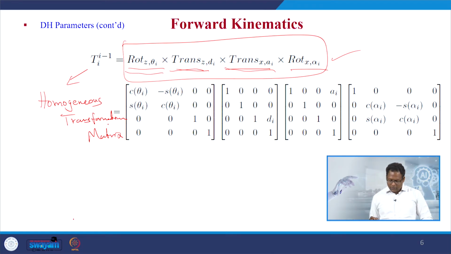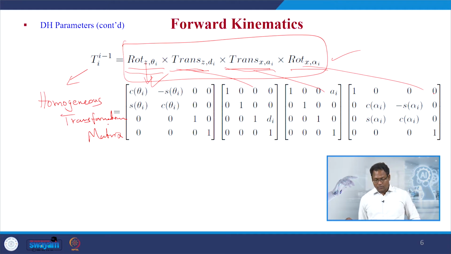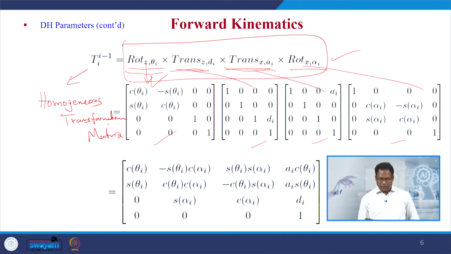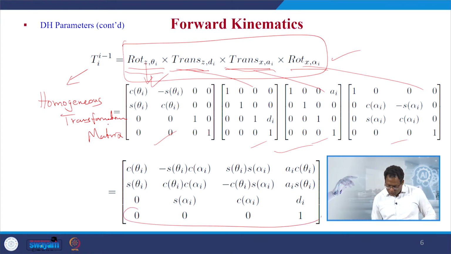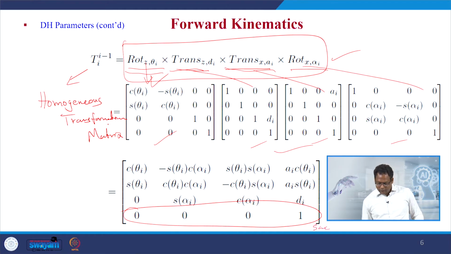Okay. So, finally, having substituted the rotation around z axis by theta, and similarly the translations and rotation around x axis, these 4 matrices combined form the final matrix, where the last row 0 0 0 1 is the scale value.